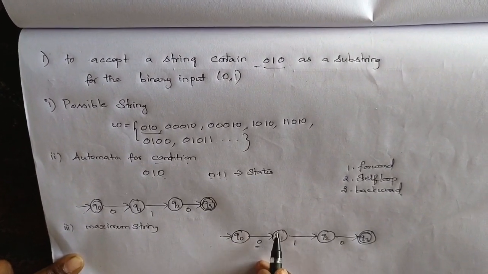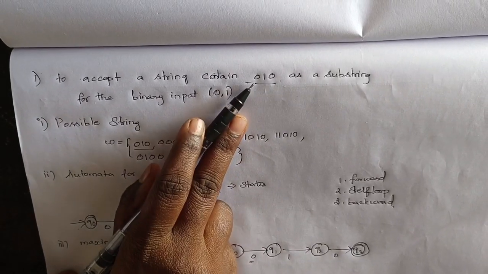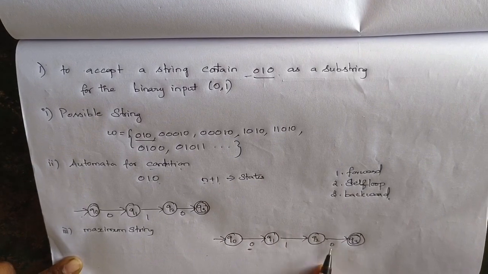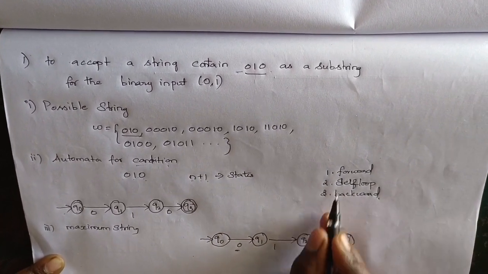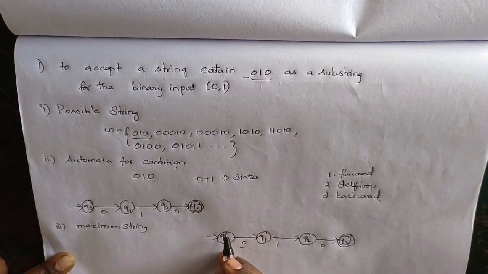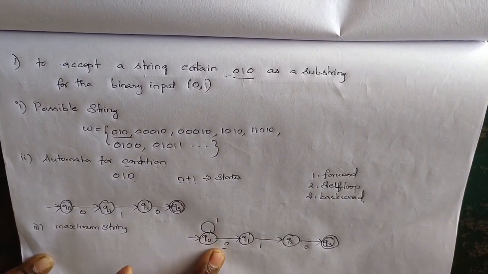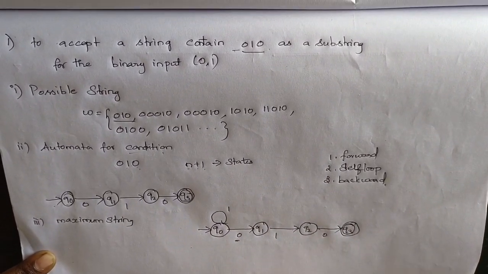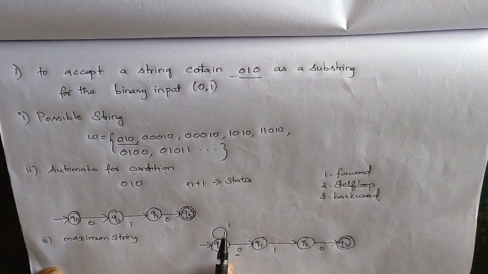If we give 1 to Q1, the string is 1, 1, 0, so it does not satisfy the 0, 1, 0 substring. For Q2 it is 1, 0, and for Q3 it is transferred 1. The next possibility is a self loop. If we give 1 as a self loop at Q0, then 1, 0, 1, 0 reaches the final state, so the 0, 1, 0 substring is there and the condition is satisfied. So Q0 on 1 is a self loop.